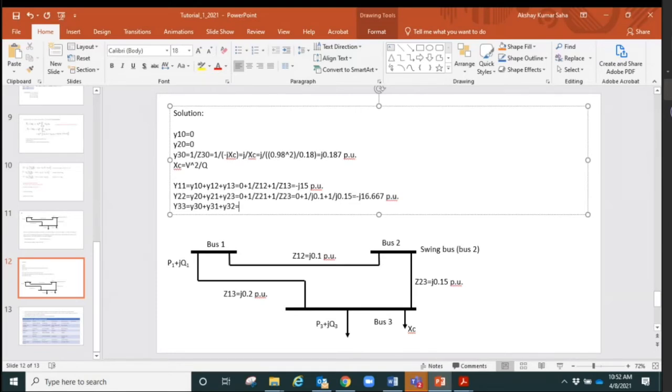So that was j0.187 plus 1 over j0.2 plus 1 over j0.15. So that's y33.